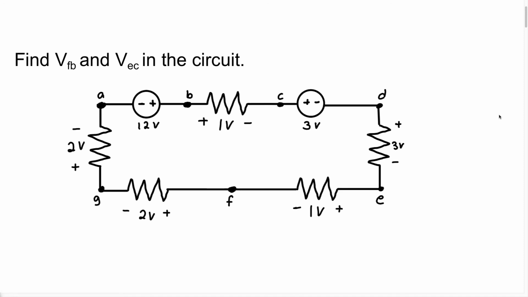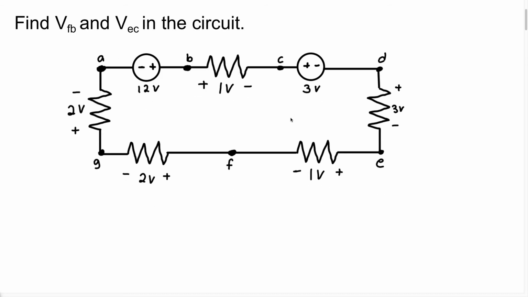Okay, I'm back. So for part B, they want us to find the voltage at these two points, E and C. Because we're going to start at E and go to C, we can just walk around this like we did the very first time without using KVL per se.